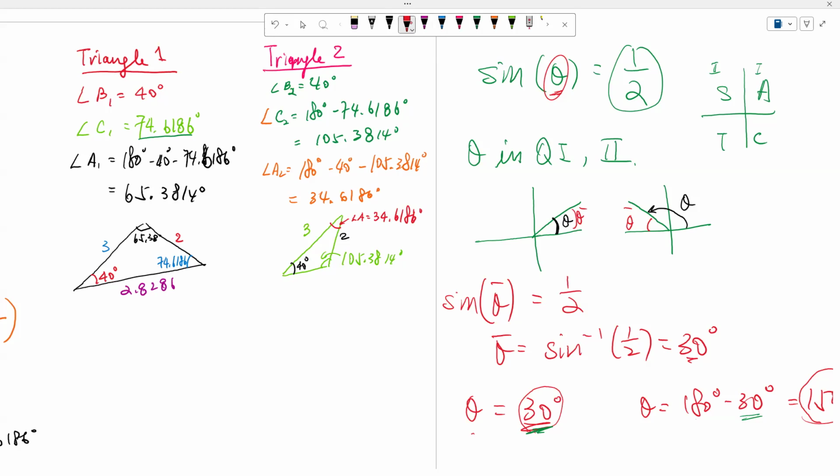And of course, with this setup, we will have a different A value. Okay. So let's see. In this case, A over sine of 34.6186 is equal to 2 over sine of 40 degrees.